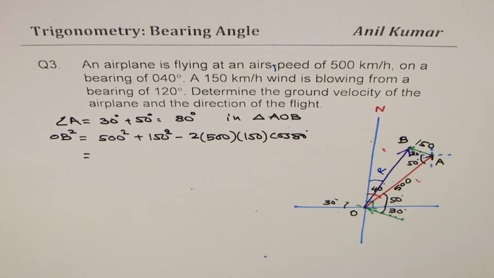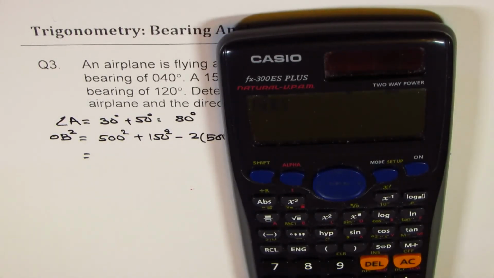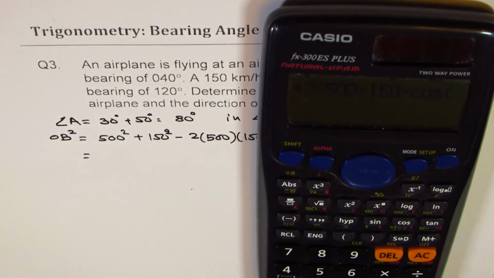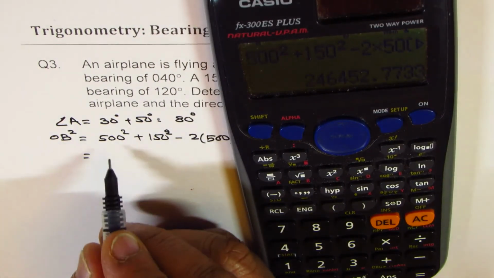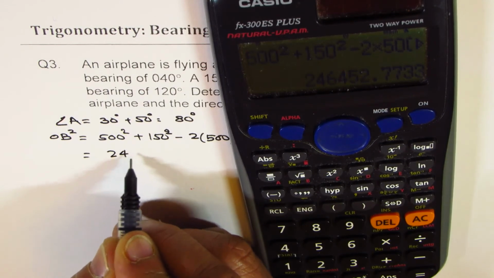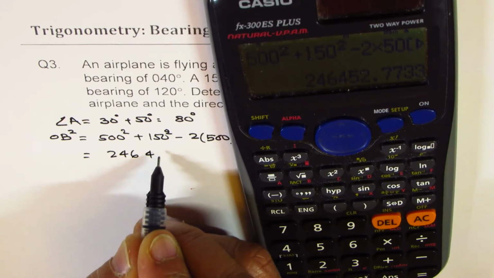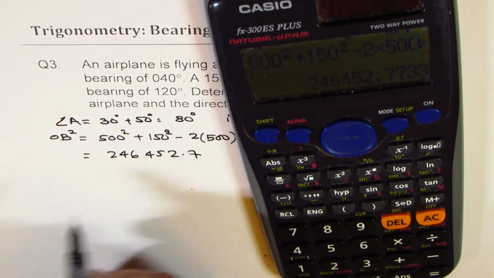Okay, let's figure this out. 500 square plus 150 square minus 2 times 500 times 150 times cos of 80 degrees is equal to a number which is 246,452.7.